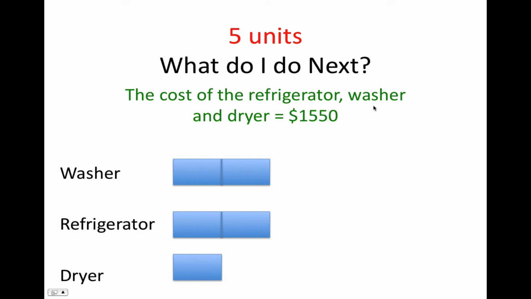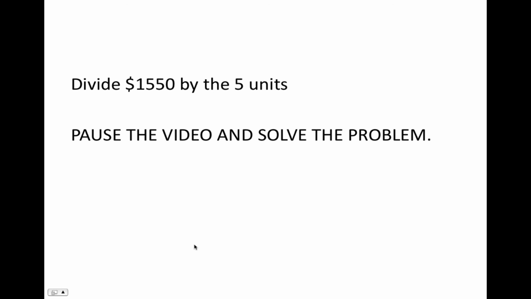Remember, the cost of the refrigerator, washer, and dryer is $1,550. So what should I do? Add, subtract, multiply, or divide? I know $1,550 is the total cost, and I have 5 units. I hope you said, I am going to divide 1,550 by the 5 units.